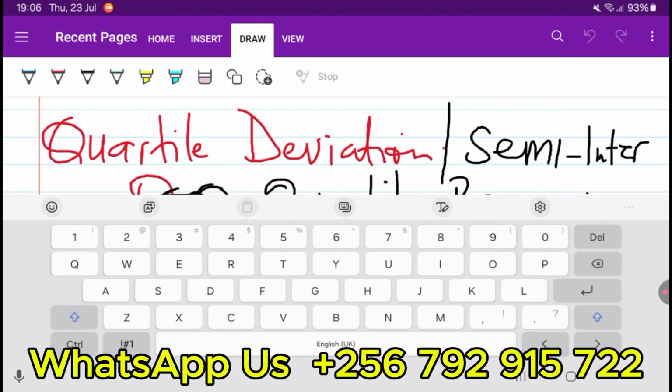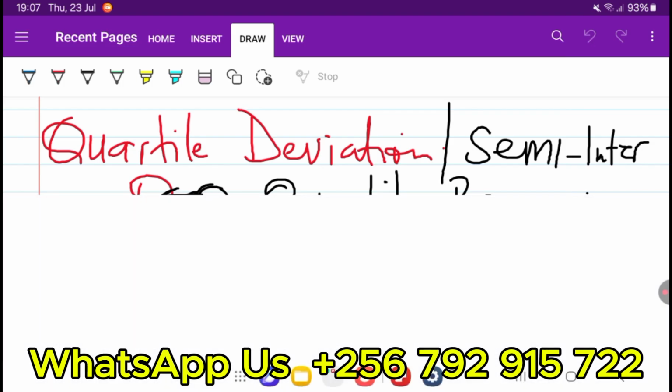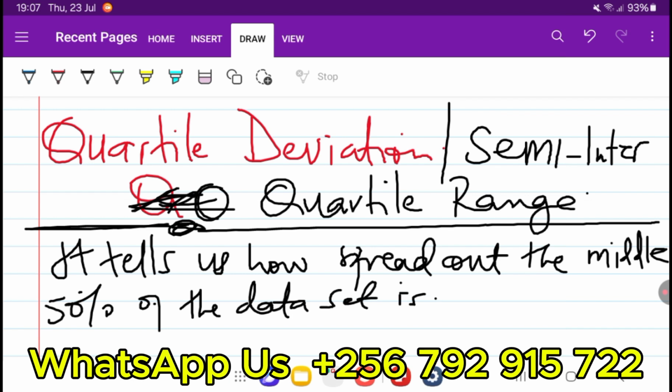So when we are looking at the quartile deviation, it tells us that the extreme values will not be affected by the outliers, because if they are looking at the middle point, it's like we are focusing on the median.